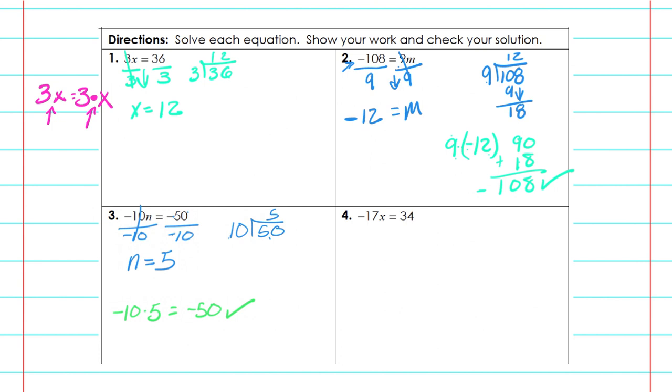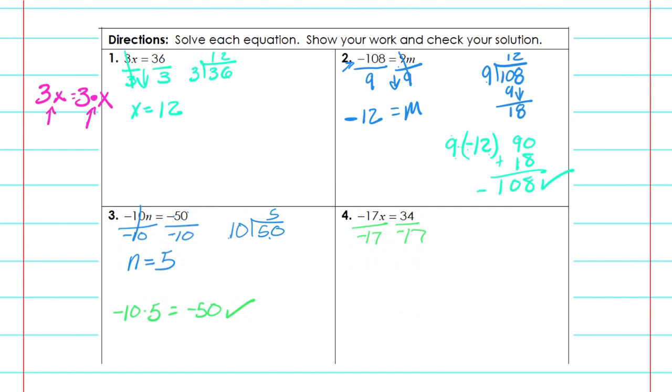Number 4, negative 17x equals 34. Negative 17x means negative 17 times x. Well, the inverse operation of times is dividing. Divide both sides by negative 17.